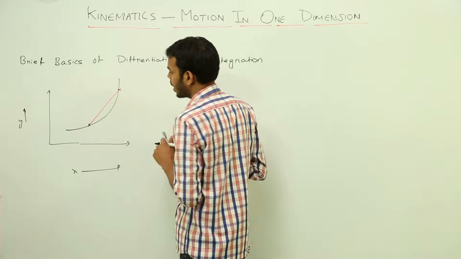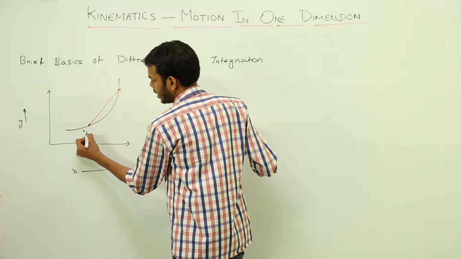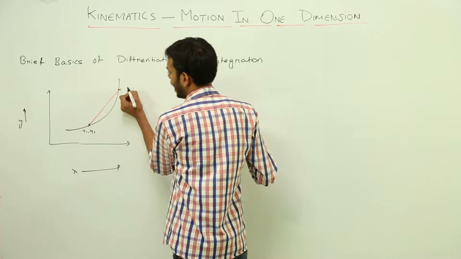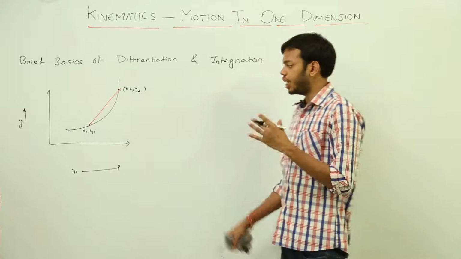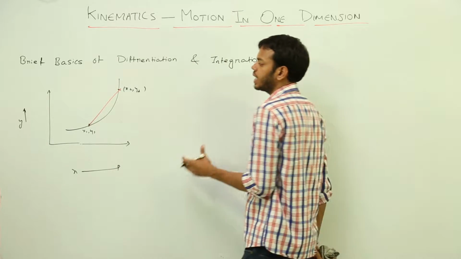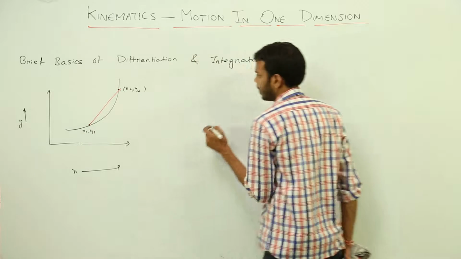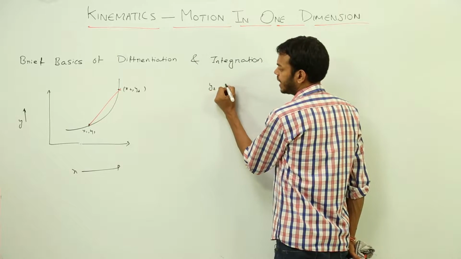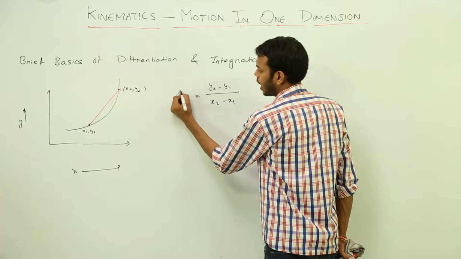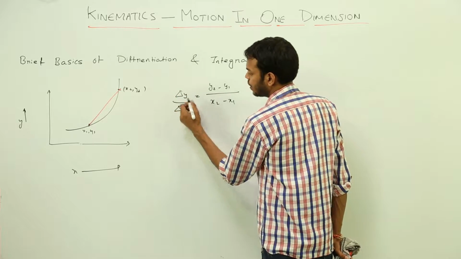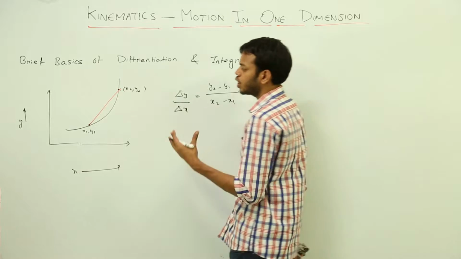Consider the coordinates to be x1, y1 and x2, y2. The change, that means how much this point has changed, or the slope of this line, would be y2 minus y1 upon x2 minus x1. This is what we call delta y upon delta x, change in y upon change in x. This is what slope is.